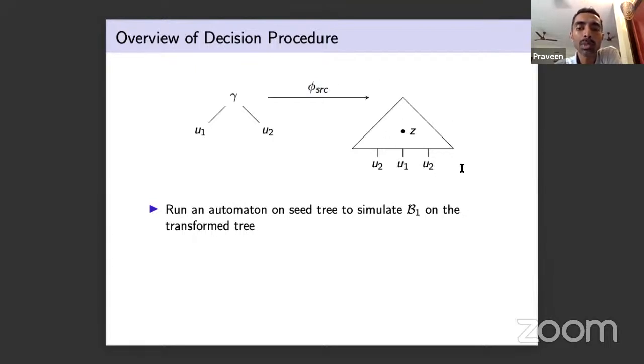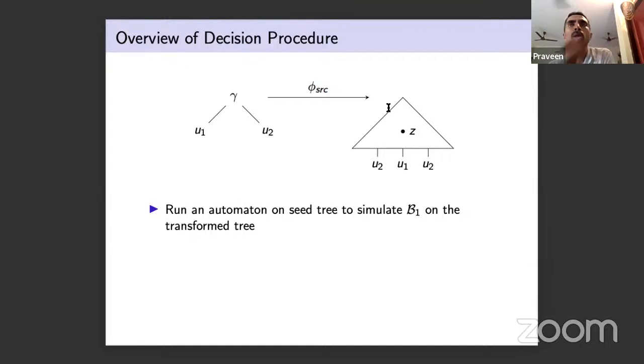You get some tree which might be using variable z, and it has three children. The middle child is the first child of the seed tree, and the left hand child and the right hand child, U2, both of them are copies of the right hand child of the seed tree. Suppose this is the action of the homomorphism on the seed tree.